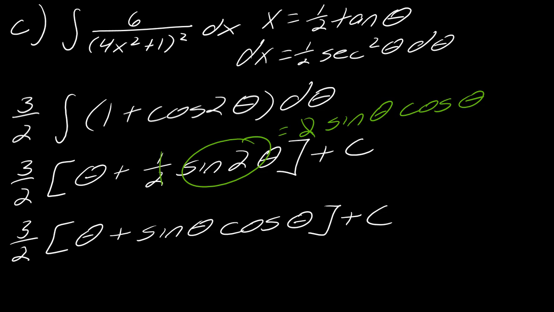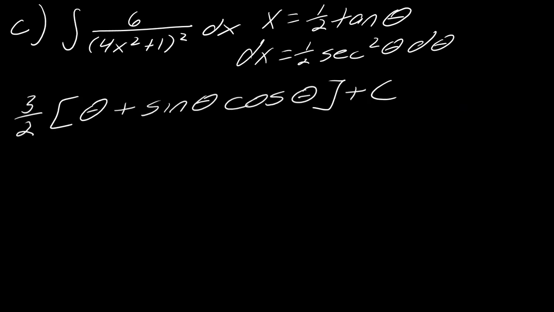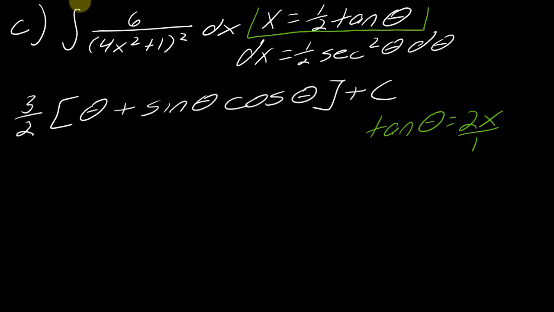Okay, so from here, let's clear some space again, and we go back to our original substitution. So I'm going to rewrite this now as tangent theta equals 2x, and I'm going to put this as 2x over 1. So I multiply both sides by 2. So this is going to help me set up my reference triangle. So here's my theta.